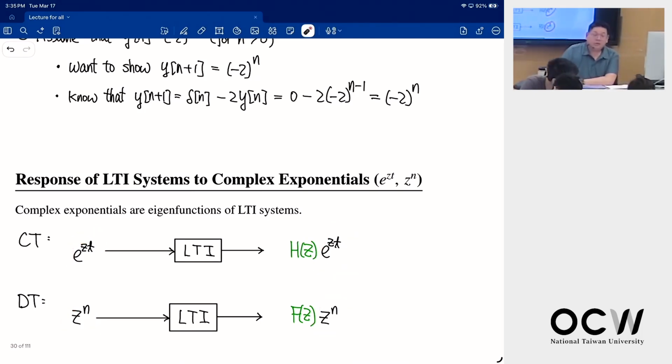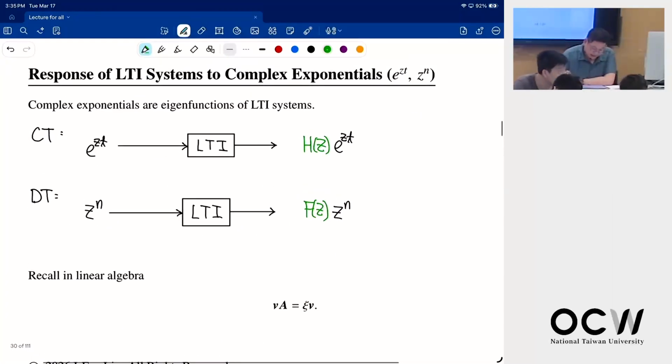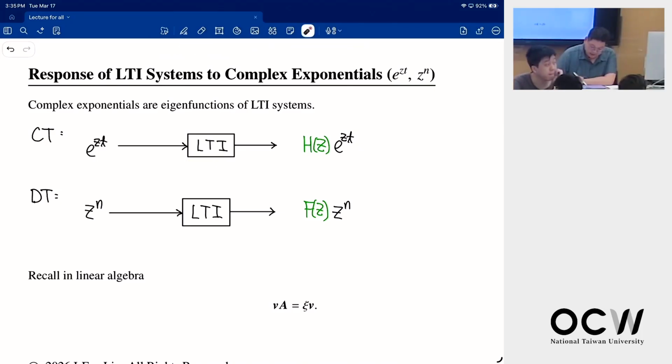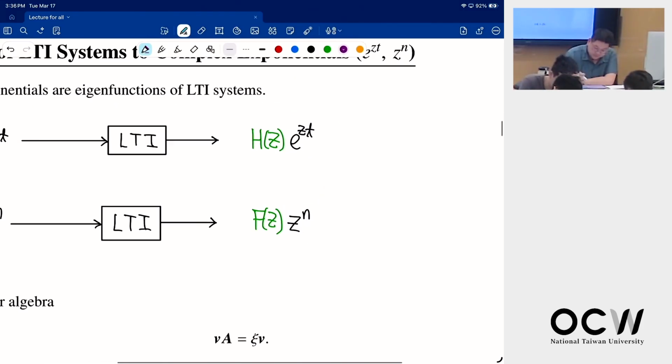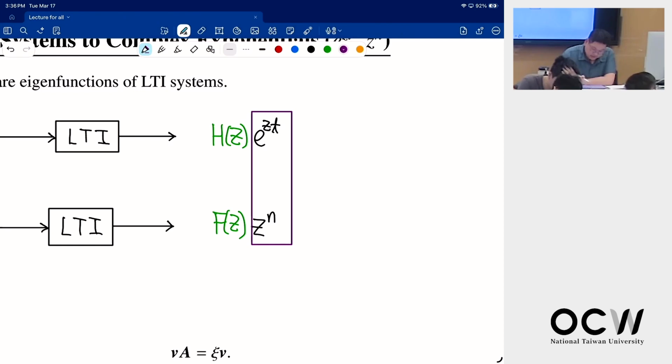Don't you feel like this is familiar to you? Like in linear algebra, a matrix times a vector will be the eigenvalue times your vector. So this is like a vector, and this is your eigenvalue. So this is your eigenfunctions, and here is your eigenvalues.